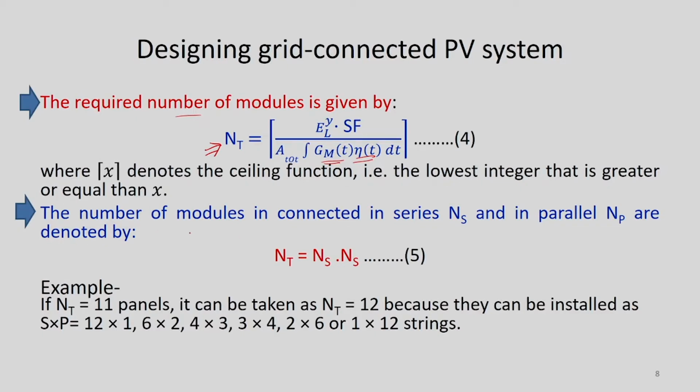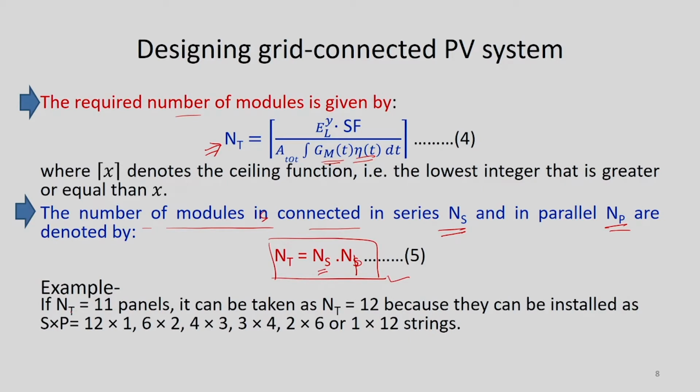So, as a whole, the number of modules connected in series is denoted by N S and in parallel by N P. Okay. So, N T is N S multiplied by N P. Okay. We will learn how this can be done.